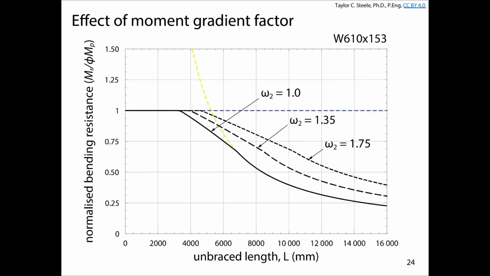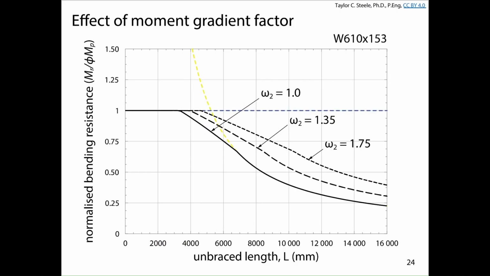What changing the bending moment diagram does help is it helps to increase the length that you can have unbraced before you get to the plastic moment resistance. In this case, if omega 2 is 1, an unbraced segment length of about 3 meters or slightly more will result in having lateral torsional buckling.